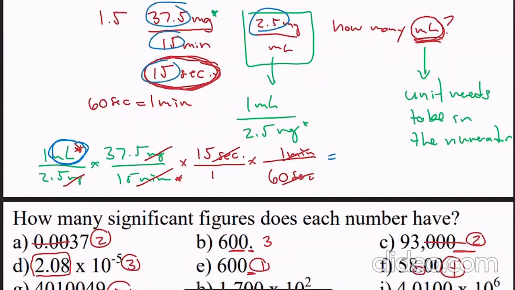So my answer is 0.25 milliliters. Don't be tempted to do this because there are students that will calculate this answer and they'll just put the answer over 15 seconds, but that's not what we're asking for. We want to just know the milliliters. We're not asking how many mils per second. We're strictly asking you how many milliliters. What's the milliliters? The milliliters is 0.25.